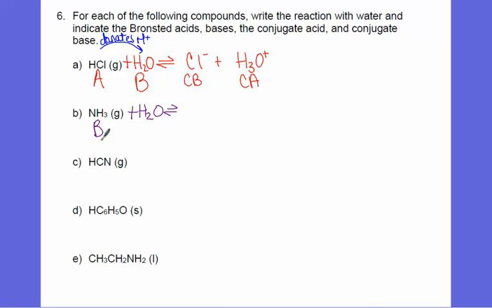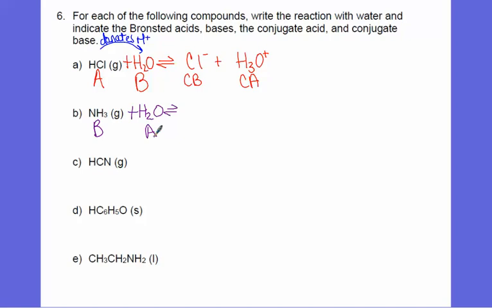But for right now, you should just know that NH3 is a base. NH4 plus was acidic. All right, so if NH3 is my base, what does that mean water is? My acid. It has to act like my acid if NH3 is my base.